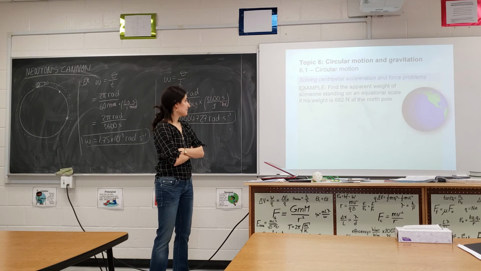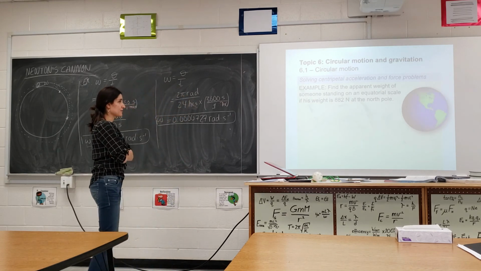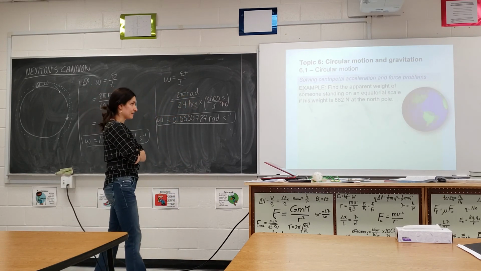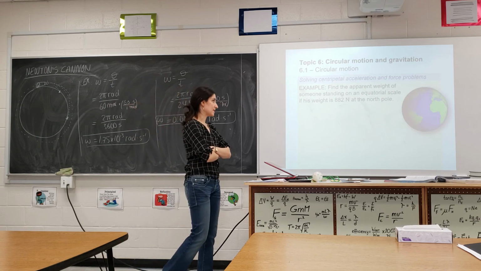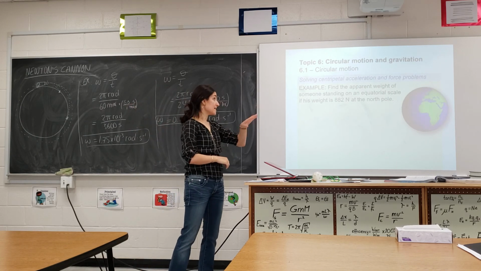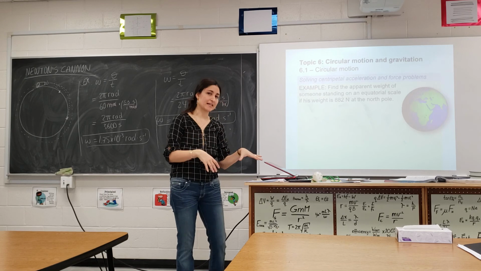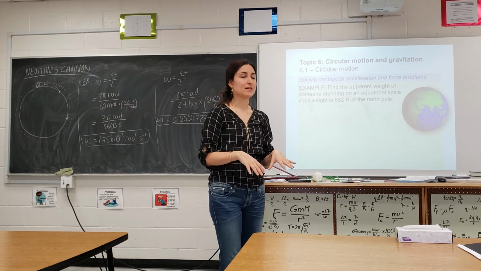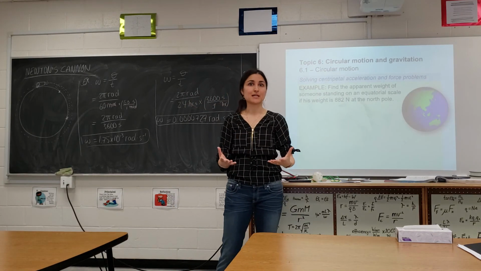Find the apparent weight of someone standing on an equatorial scale if his weight is 882 newtons at the North Pole. An equatorial scale is just a scale at the equator. Now in grade 11, we looked at the motion of people in an elevator.